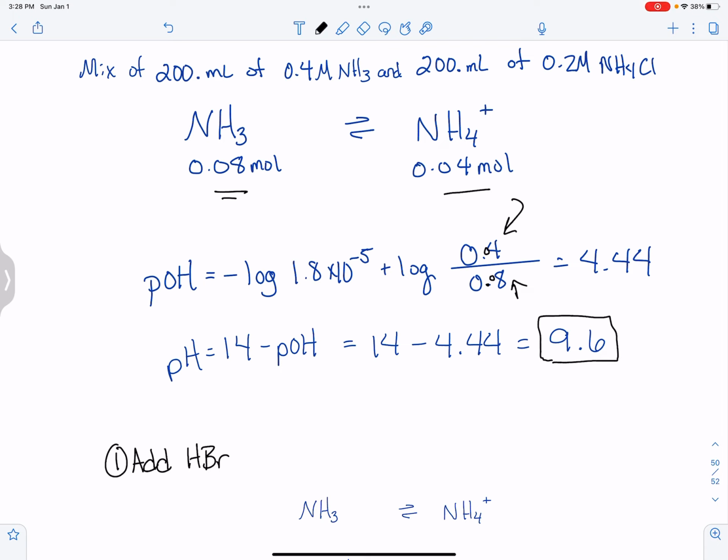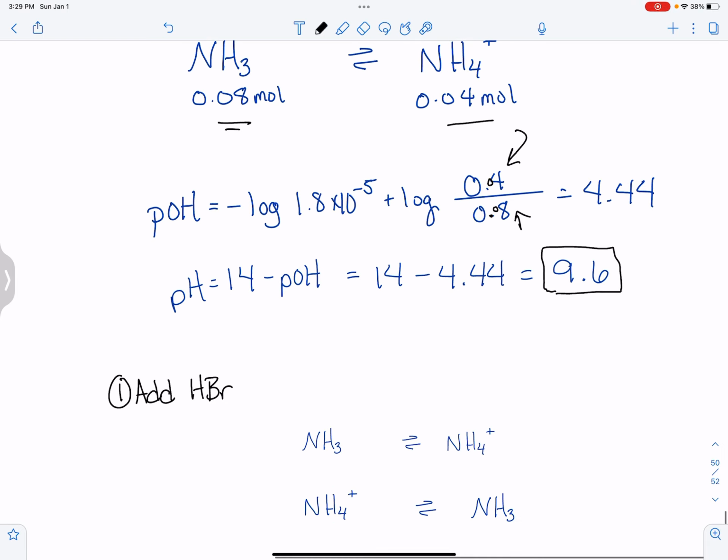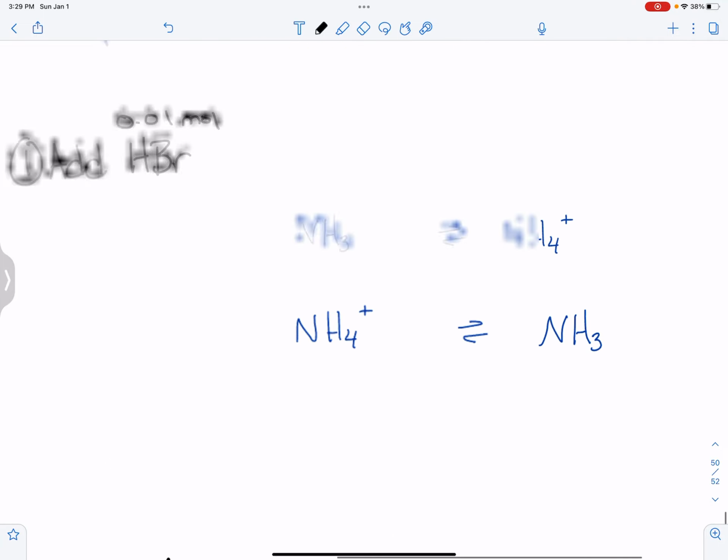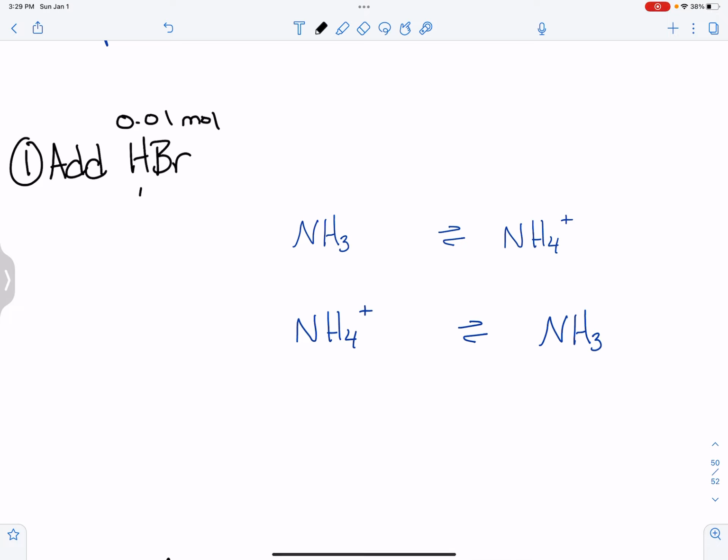Now, what happens if we add an acid to the buffer? There are two pieces of information you need to figure out. One, if you add an acid, which side reacts? And two, how much is lost? So I'm going to add in 0.01 moles of HBr to this reaction. First off, I'm going to zoom in on this. I've got an acid, right?